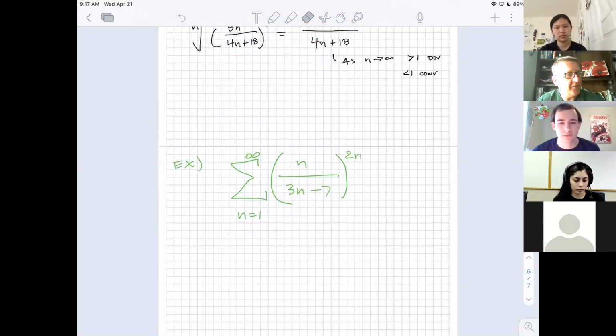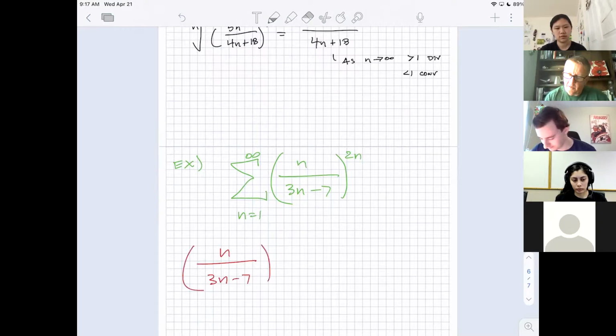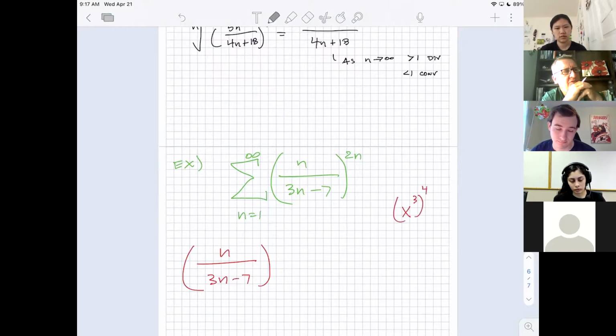So here's the tricky part. You can't take the 2nth root of it. Do you recognize that n over 3n minus 7 to the 2n power? What's the property of exponents? If you have x to the third to the fourth, what do you do in that situation?